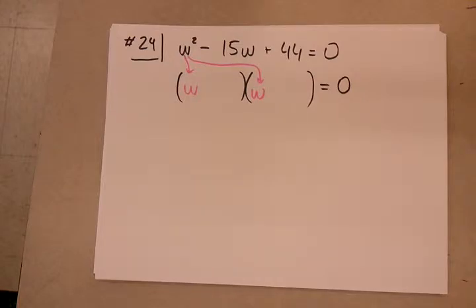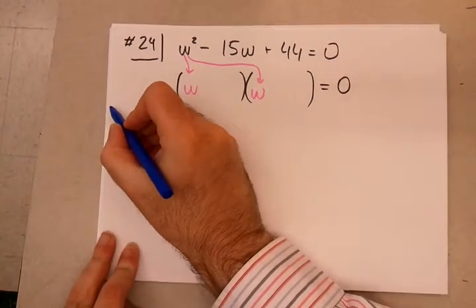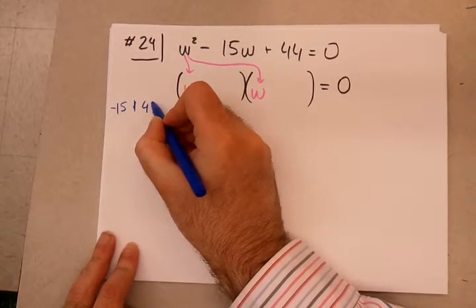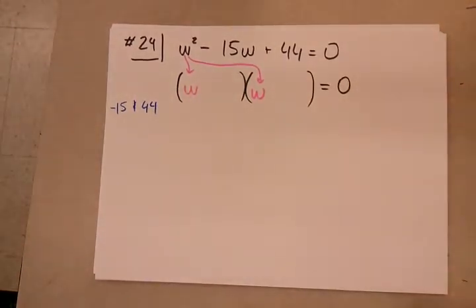Then we're going to take a look at our next two numbers. I'm going to write them to the side here, the negative 15 and the positive 44. What's going to add up to negative 15 yet multiply to positive 44? I'm going to look at the second number and figure out what two factors multiply to 44. 2 times 22, that'll work.